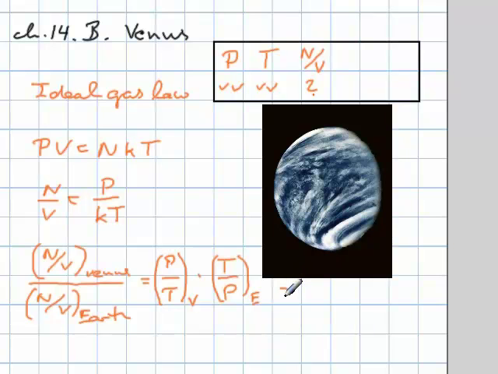So here you have 9 million divided by 740, I believe it was, and then 320 divided by 100,000, and you come up with a fraction with no units. That should be in the neighborhood of about 40. That means that the Venus atmosphere is about 40 times thicker than Earth's atmosphere.